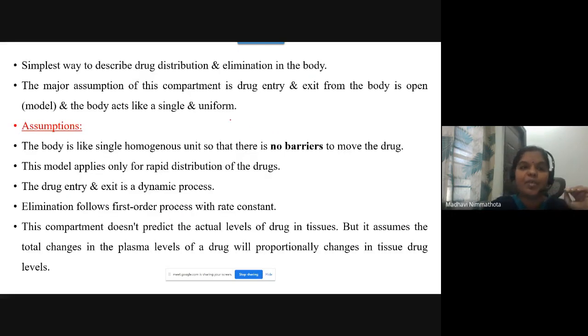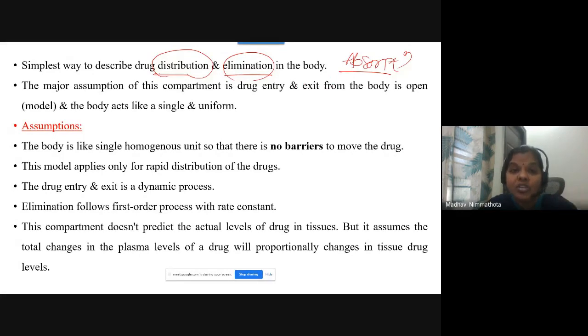See, this is the simplest way to describe the drug distribution and elimination. Here they are mentioning only 2. What are those? Drug distribution and elimination. Then what about absorption? Why are they not mentioning absorption? Because this is a rapid process. Which one? IV bolus or IV infusion.